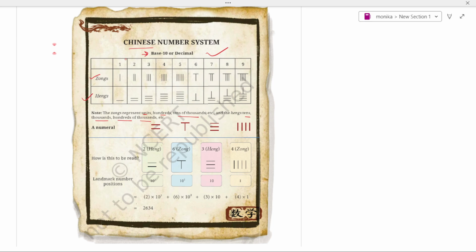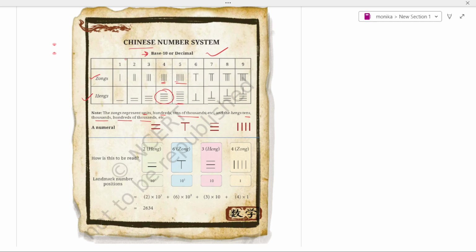Now you can see the pattern: 1 is 1 bar, 2 is 2 bars, 3 is 3 bars, 4 is 4 bars. There is something different at the third bar here, and at the fifth, and similarly when we deal with the horizontal strips. So how do we read it?